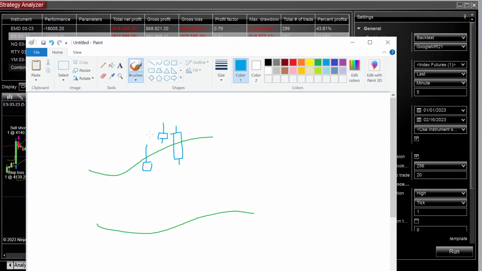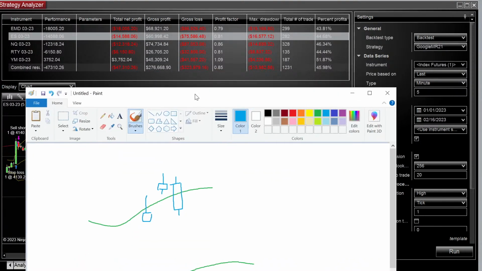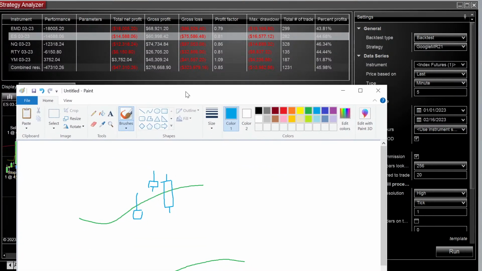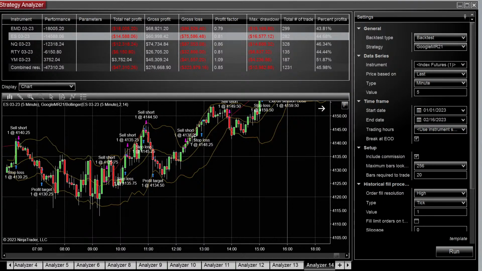So we have basically a wick rejection trigger or the cross below trigger. Which one do you guys think will be better? You can just type in the chat. So I want to narrow down here on the trigger.